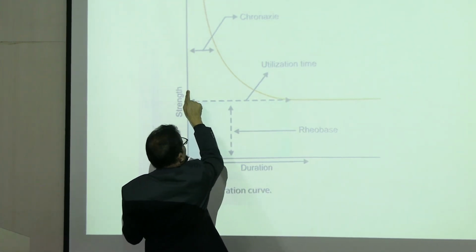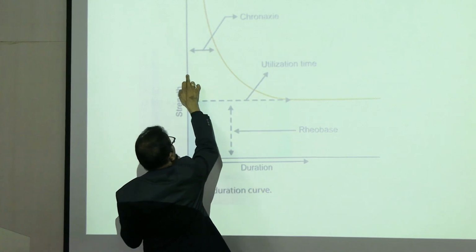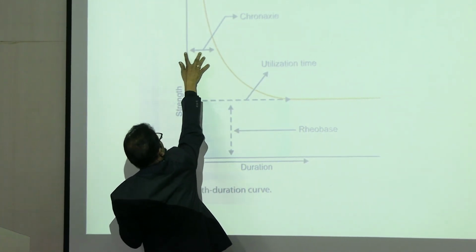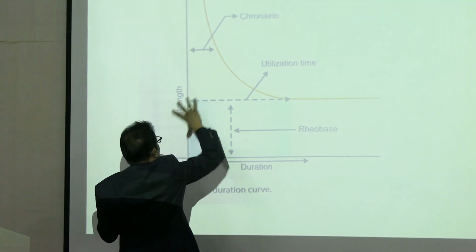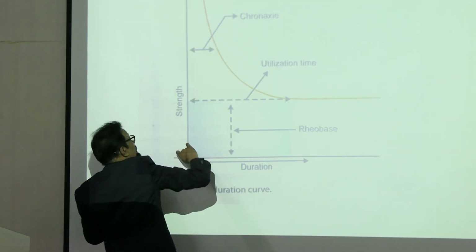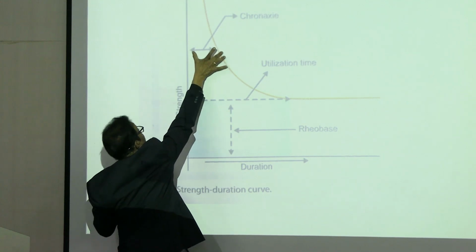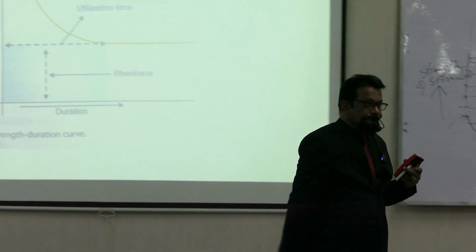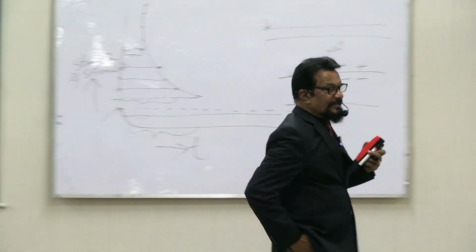Thereafter I increased, time is reduced. Increased, time is reduced. So this is double of the rheobase. So this is the time required to generate the action potential, the nerve impulse.